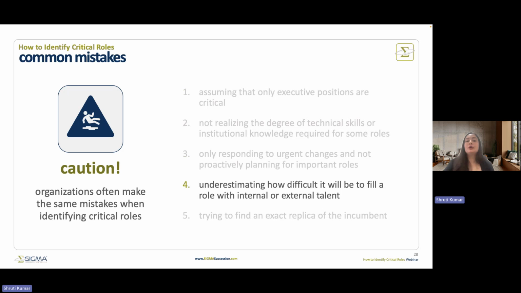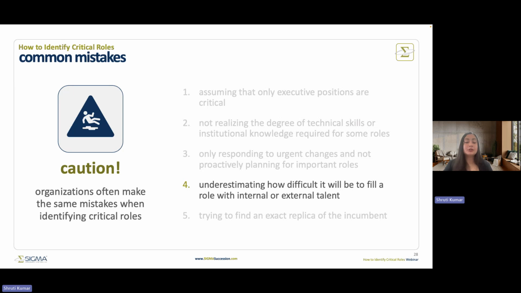All right, so our approach to identifying critical roles involves an evaluation of internal and external talent. So this may actually be more challenging than you would expect, but there are a number of questions that you can reflect on or spend some time looking into. So for internal talent, who do you have available who might be able to fill that role?